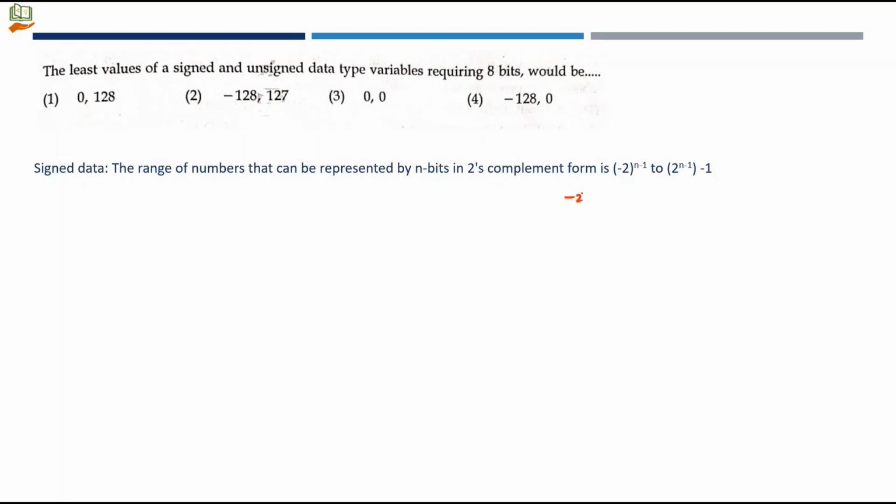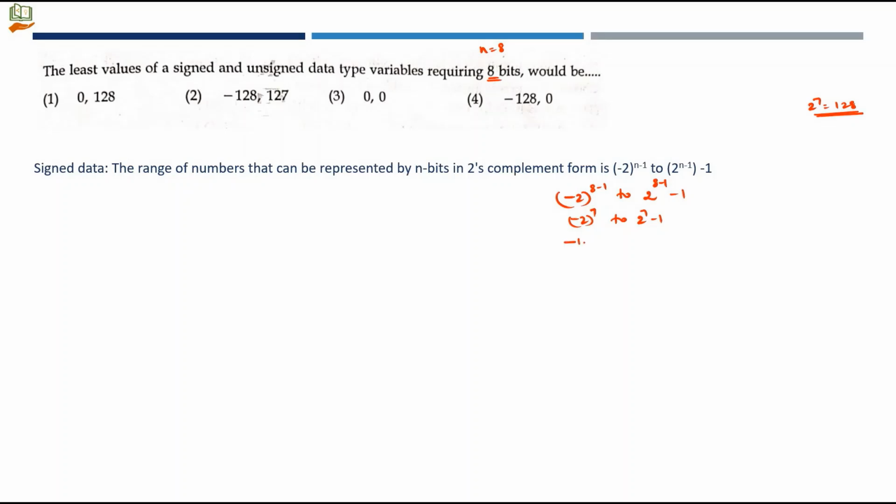This is -2 the whole power n minus 1 to 2 power n minus 1 minus 1. What is n here? n is equal to 8. So minus 2 the whole power 7 to 2 power 7 minus 1. 2 power 7 is equal to 128. What is minus 2 power 7?